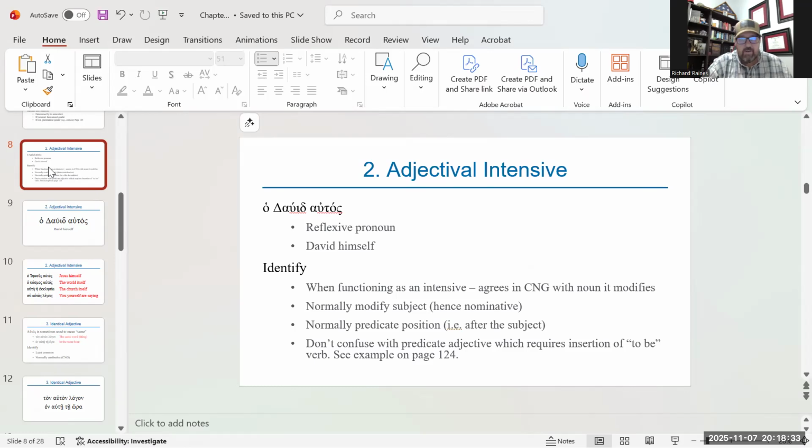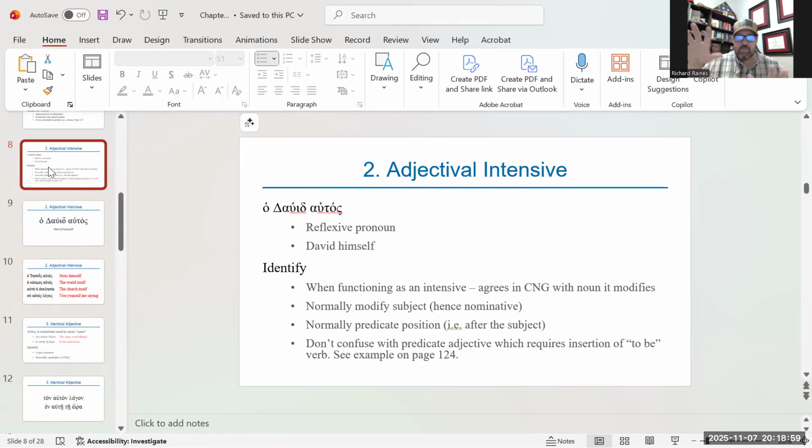So you're typically going to find it in the nominative case. And it's normally in the predicate position. And that's just to say that it's typically, not always, but typically it's going to follow the subject. So in this sentence, David is the subject. If you break a sentence down into two parts, you have a subject and a predicate, right?